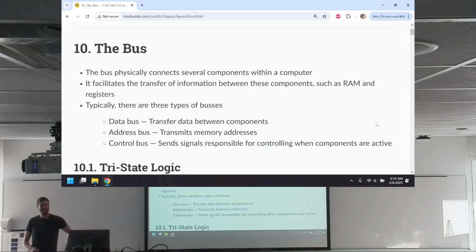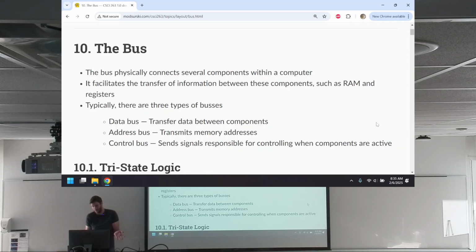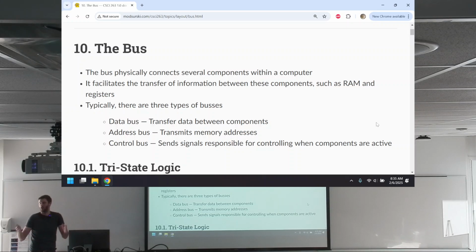So there's this idea of a bus. There's different types of buses, but there's this idea of a bus where some common signal is used to transfer data around the system. So we've been talking about RAM, and we also talked about a register, effectively, right? We talked about the registers, which when you stack the registers, you get RAM.